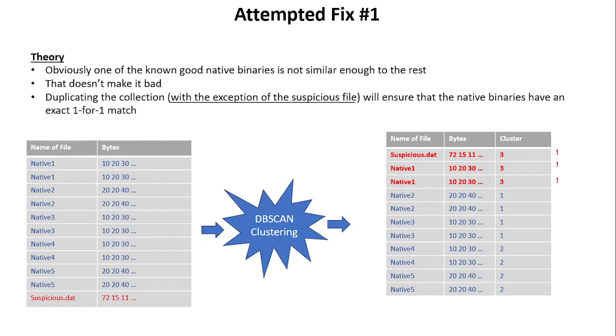So what I'll do is I will literally duplicate the array of known good files. So you have an exact one-for-one copy of the known goods, right? Because how can it be an outlier if it has an exact one-for-one match? But what ended up happening, again, is the same exact thing. It's still clustered with the random known good binary.